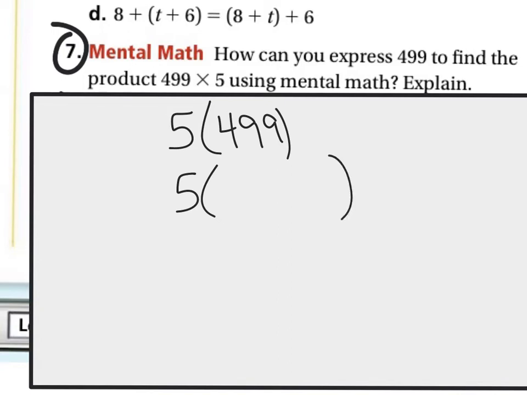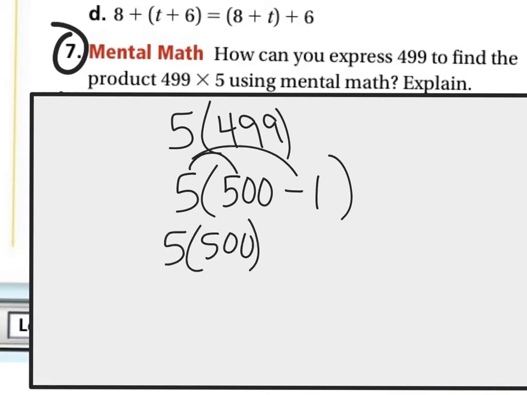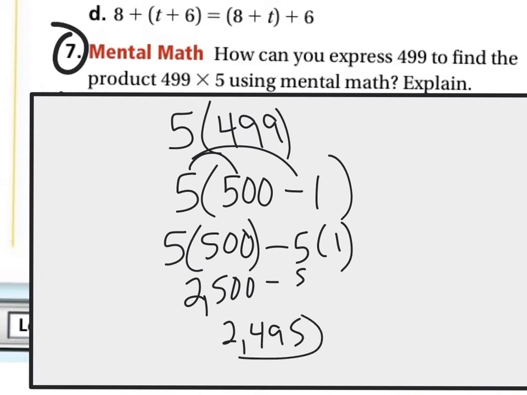So by breaking apart, it's either going to be something plus something or something minus something, just depending which I need to do to get to that number. So since 499 is really close to 500, we can say 500 minus 1, and then we could distribute that. Again, even though it says mental math, I want you to show what you're doing here. So we multiply these, 2,500 minus 5, which is 2,495.